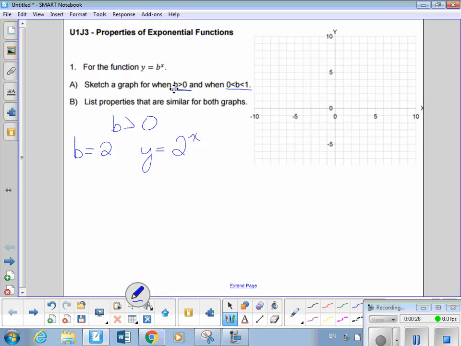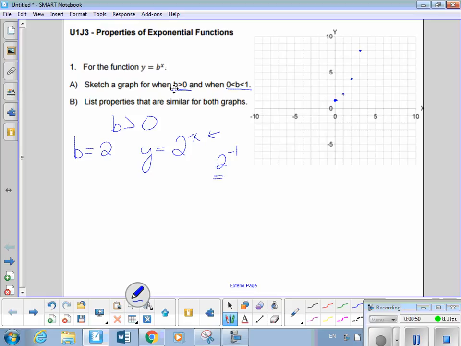So if we do that, and we make a table of values, going over 1, it's going to be up 2, and then over 2, 2 squared is going to be 4, and then over 3, 2 cubed is going to be 8. And the same thing this way, if I put a -1 in for my x here, I would have 2 to the -1.